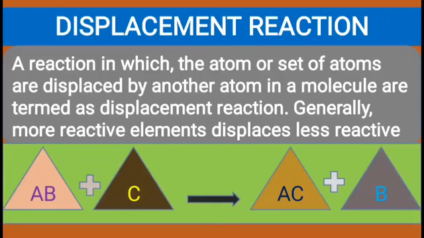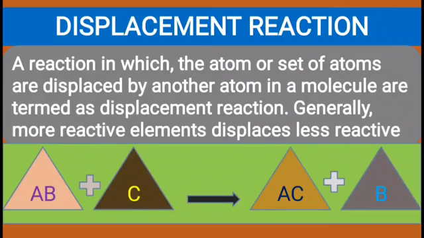Displacement reaction. A reaction in which an atom or set of atoms is displaced by another atom in a molecule is termed a displacement reaction. Generally, a more reactive element easily displaces a less reactive element.